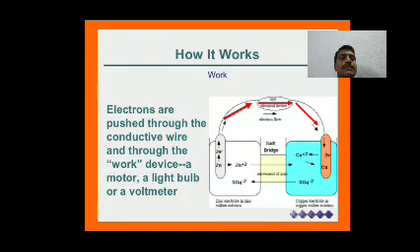This cathodic half cell undergoes the reduction process. Electrons are pushed through the conductive wire and through the work device, a motor, a light bulb, or a voltmeter.